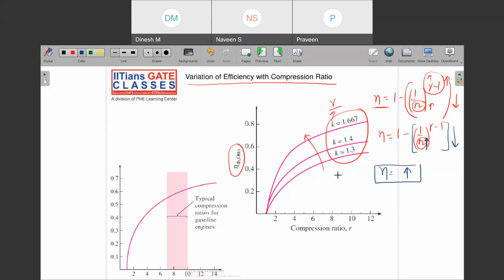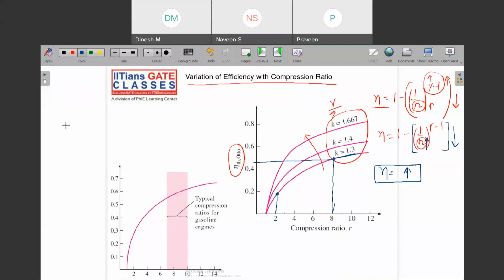Let us say gamma is equal to 1.3. When your compression ratio was 2, your efficiency was this one. Now let us say you are working at 8. Can you see that your efficiency has increased?